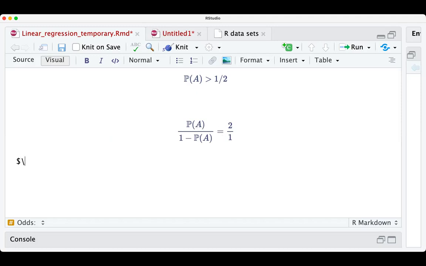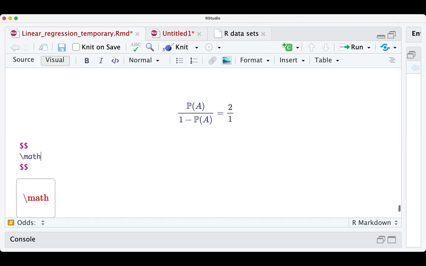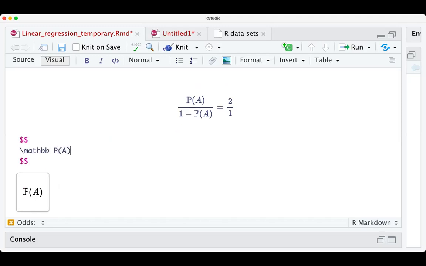It means that the probability of A is twice as likely as the probability that the complementary happens.